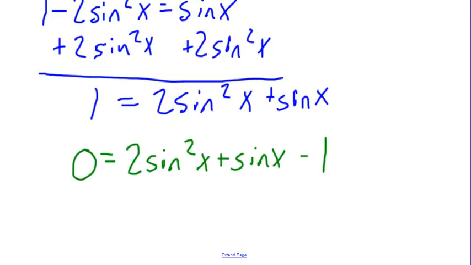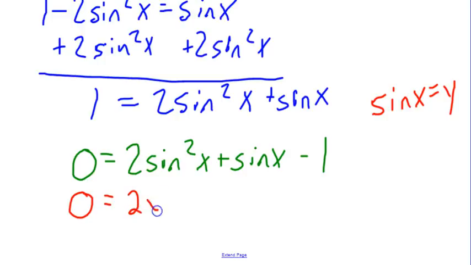Looking at that, we need to factor this. What we can do is think of this as sine of x. We can just let that be y. So essentially the equation we have is 2y squared plus y minus 1.